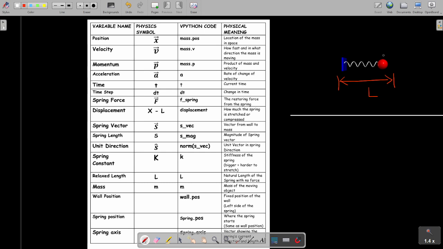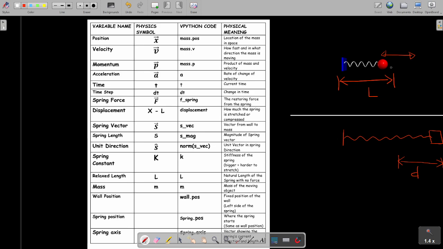But if you apply a force to the right on this spring, what would happen? Of course, it's going to stretch, and then you would have some extension. This extension, I'm going to call it D, D for displacement.